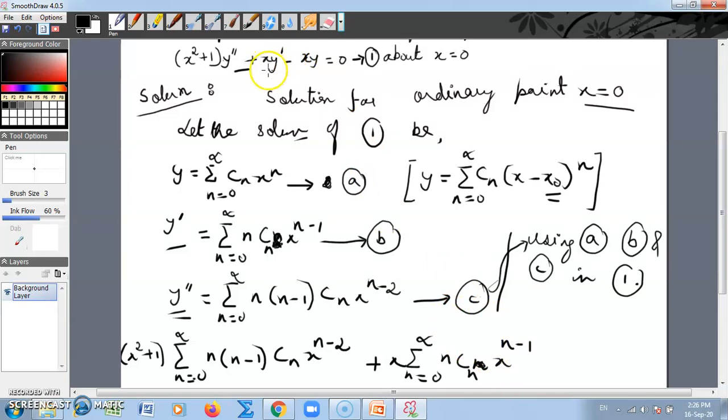So we finished this part too. Now coming to minus x multiplied by y, and y is summation n goes from 0 to infinity Cn x to the power n, which is equal to 0.